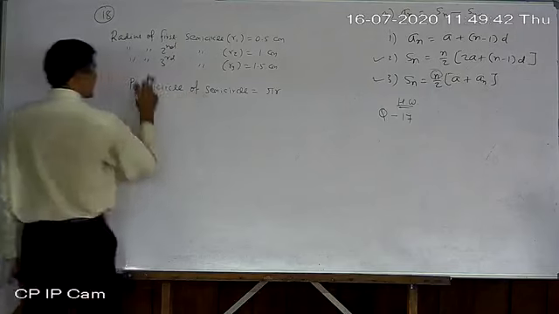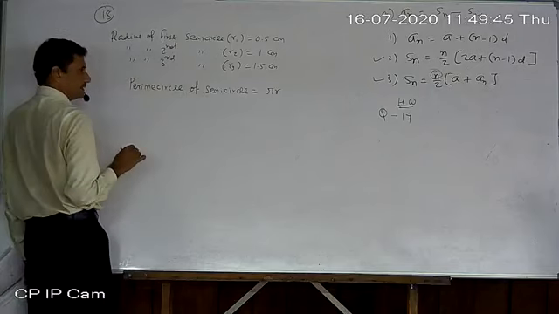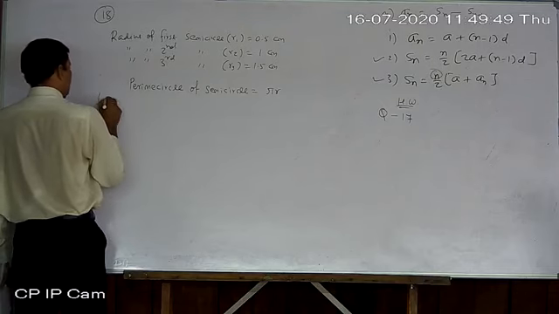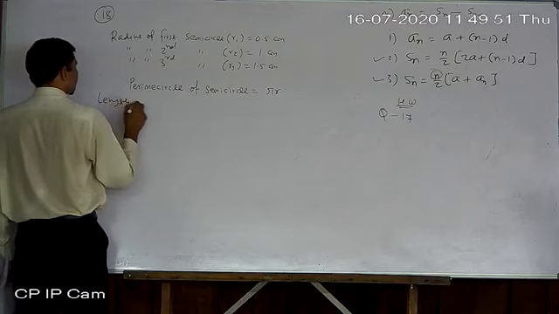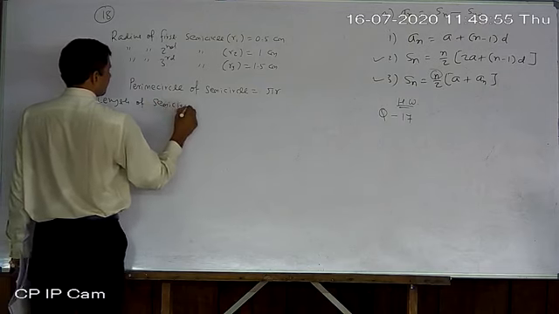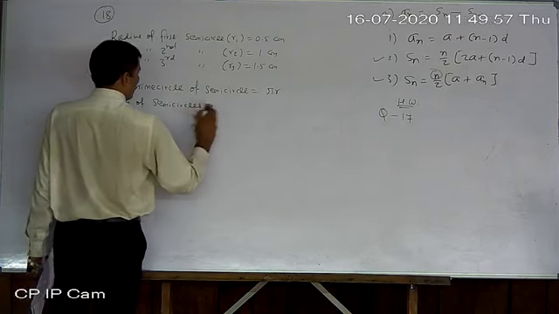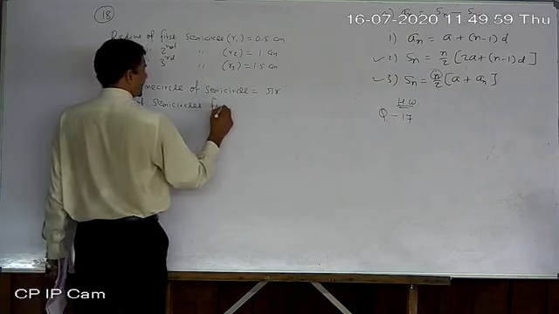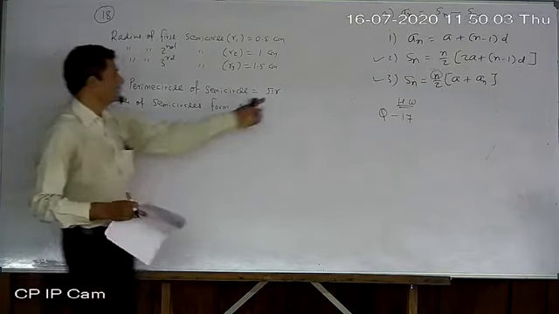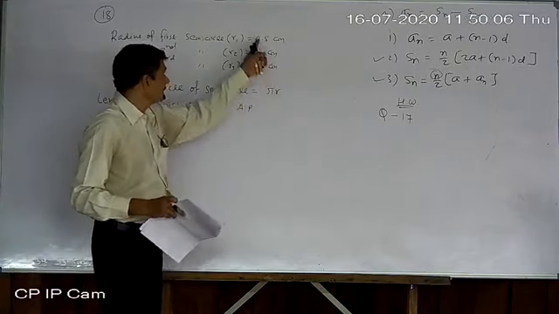Now look, the length of the semicircle. Let's write down directly the length of the semicircles from the AP. How? Just place the value of r. It is given here.